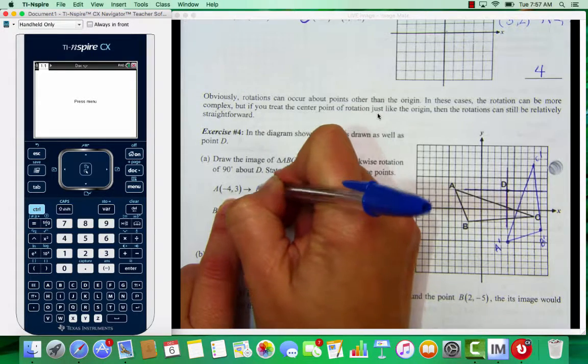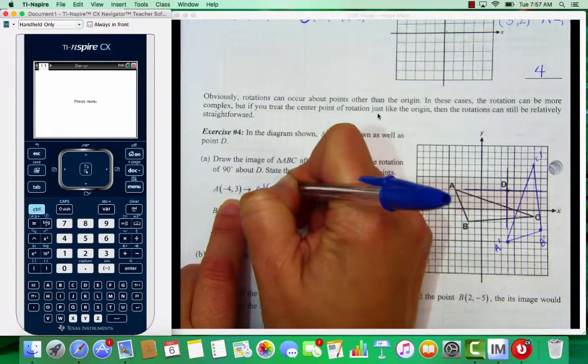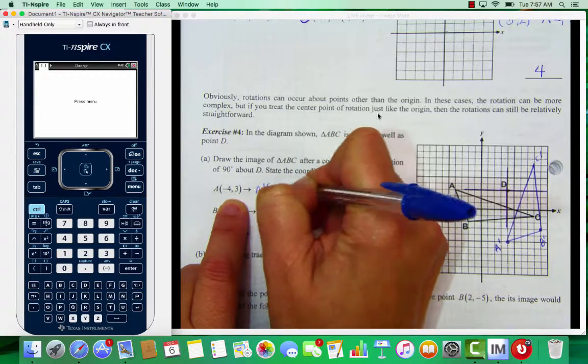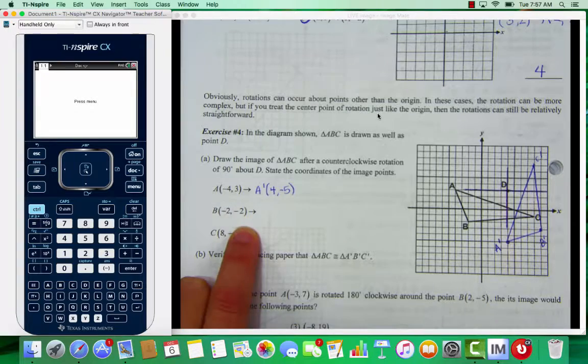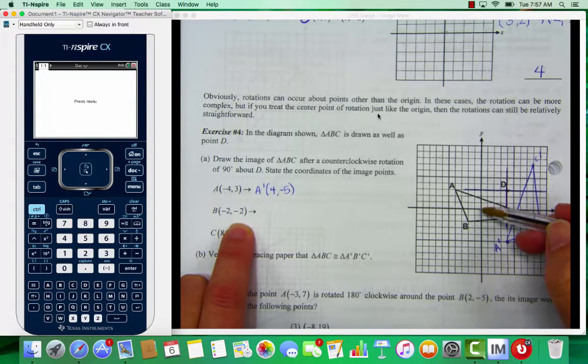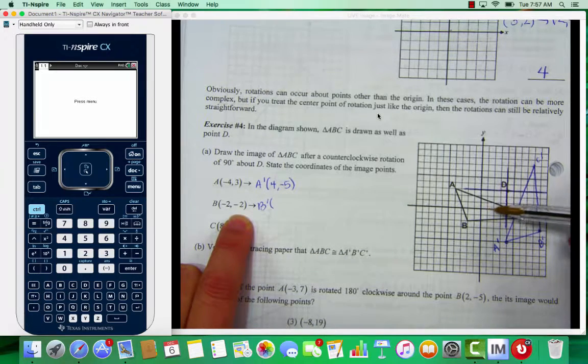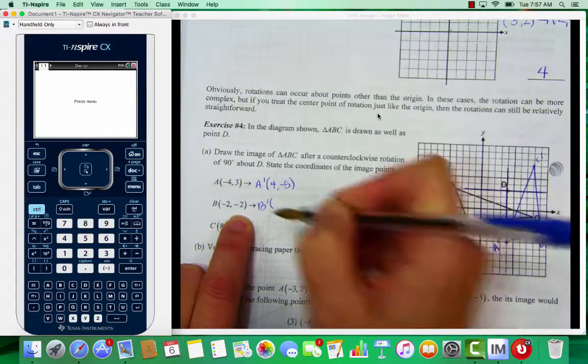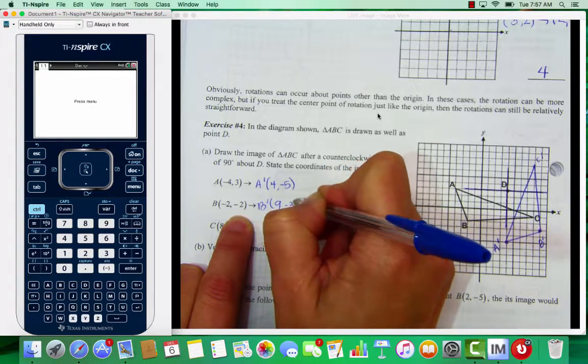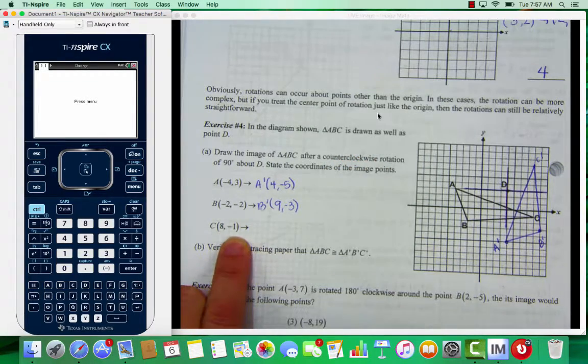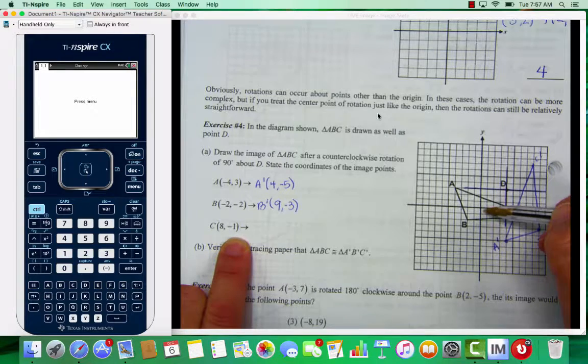So the coordinates of A prime are going to be over 4 units and down 5 units. So point B, again from the origin, B prime, is going to be over 1, 2, 3, 4, 5, 6, 7, 8, 9, and down 3. And then C prime from the origin is going to be over 8 and up 7.